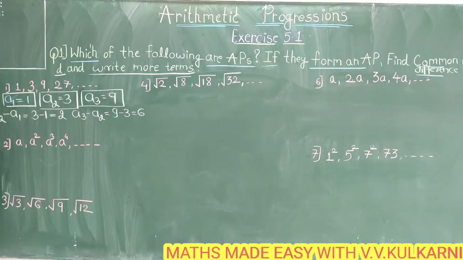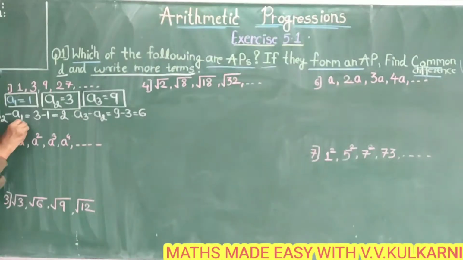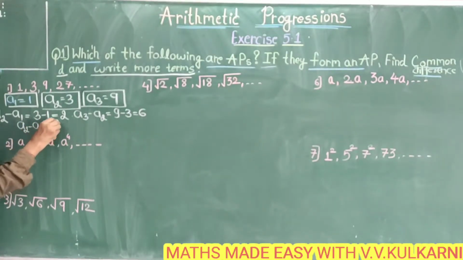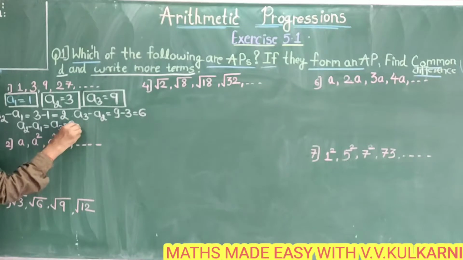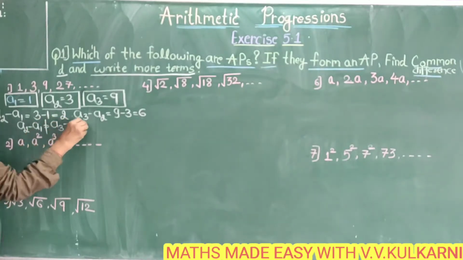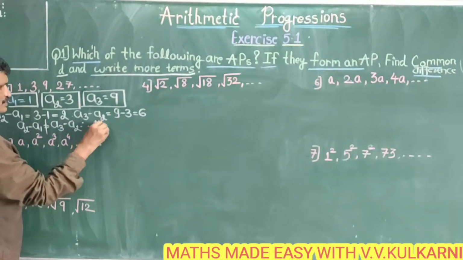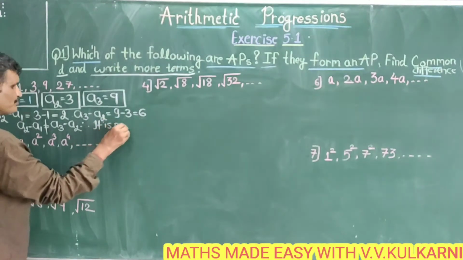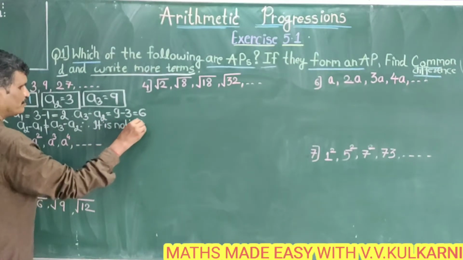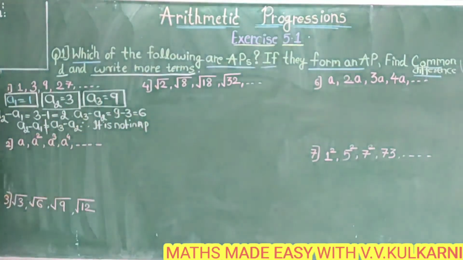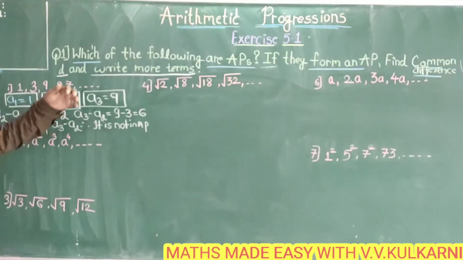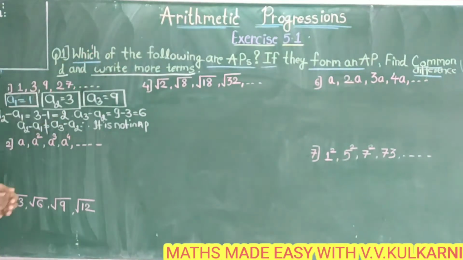So, second term minus first term is not equal to third term minus second term, and therefore it is not in AP. If it is in AP, then there is the question of writing the next term. If it is not in AP, no need to do that.